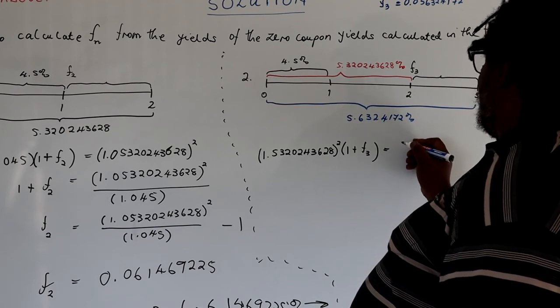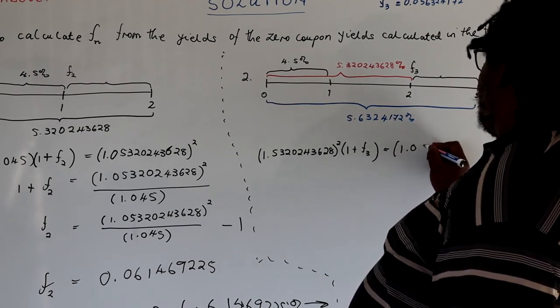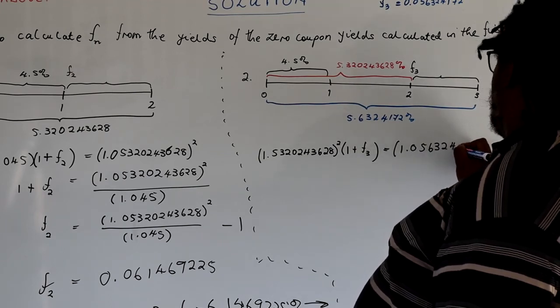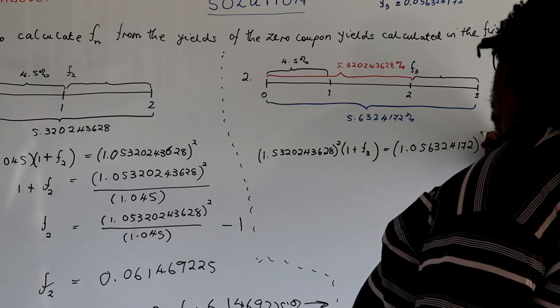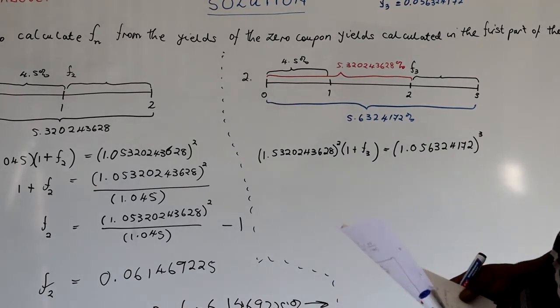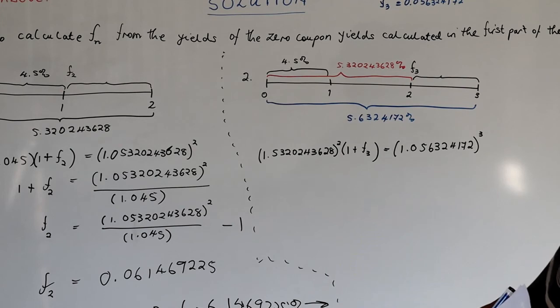So this would be 1.056324172 to the power 3, because this is a 3-period that we are looking at.